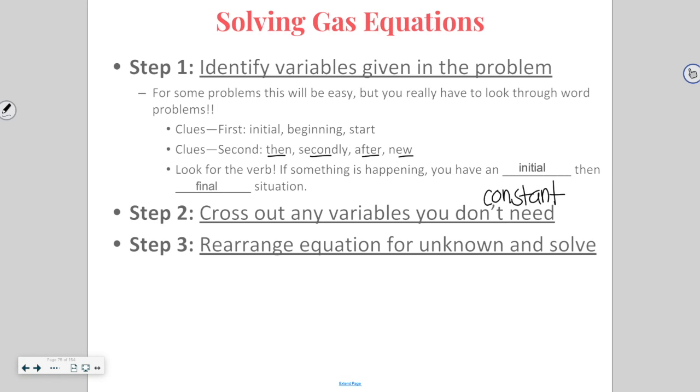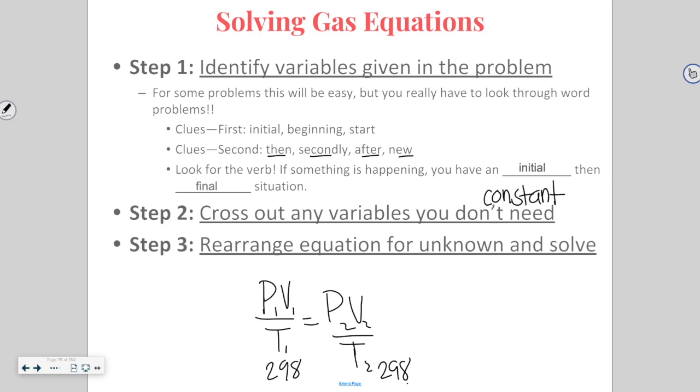So if we look at our equation, PV over T equals PV over T, that therefore means if my temperature stays the same, say at 298 and 298, then my pressure and volume would not be impacted by temperature.